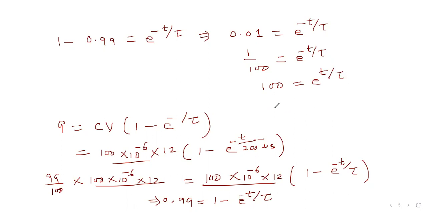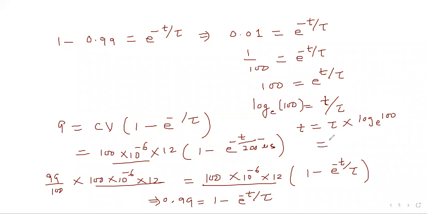Now we can take log of both sides. So log base e 100 equal to t upon tau. So t will be equal to tau times log base e 100. Now we can put the values.